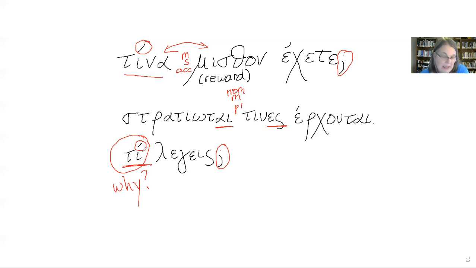So it's definitely an interrogative pronoun, but here we're going to have to try why, as well as it could be the neuter nominative or accusative singular. So we could translate it, what are you saying? But it might also be, why are you speaking? Because ti by itself often means why. So keep an eye out for that.